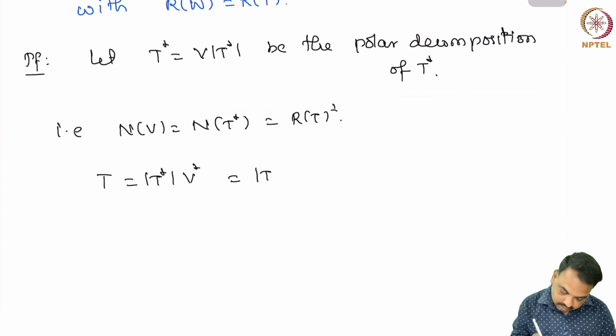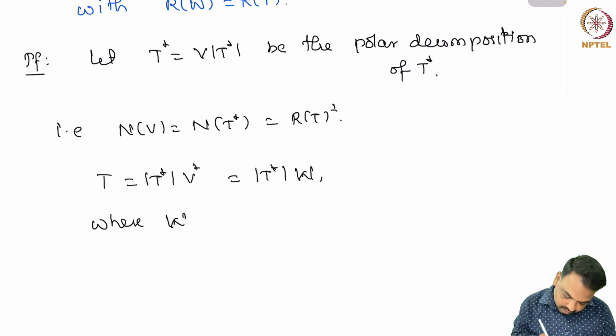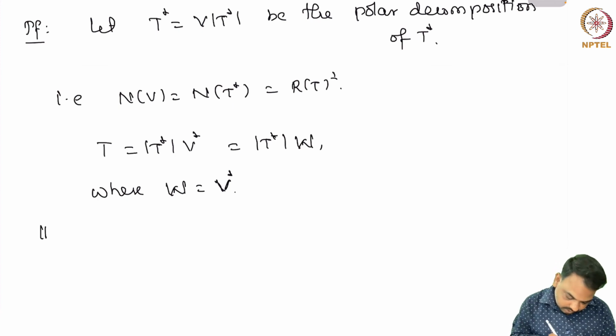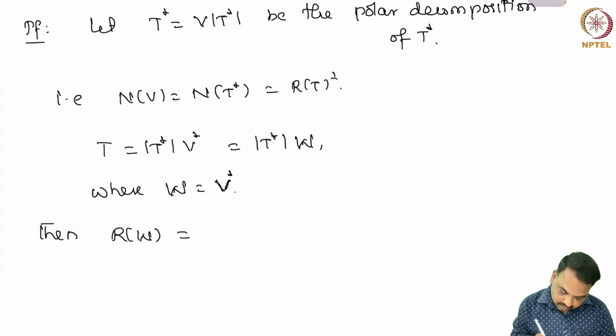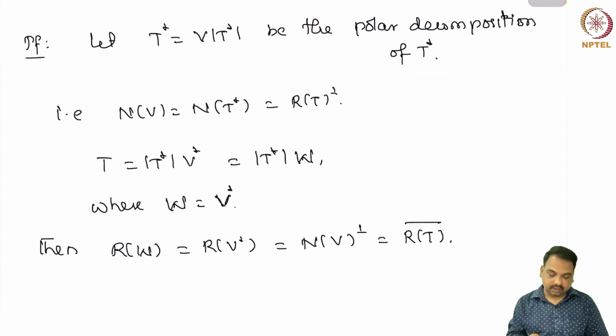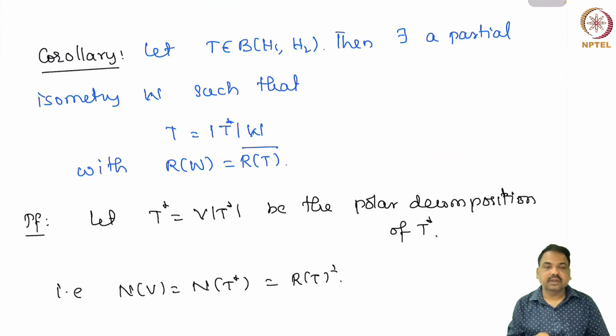So this is |T*| W, where W is nothing but V*. Now if you look at range of W, that is nothing but range of V*, is nothing but null space of V perp, but null space of V perp is nothing but the closure of range of T. So this is the unique decomposition we can write for the operator T.